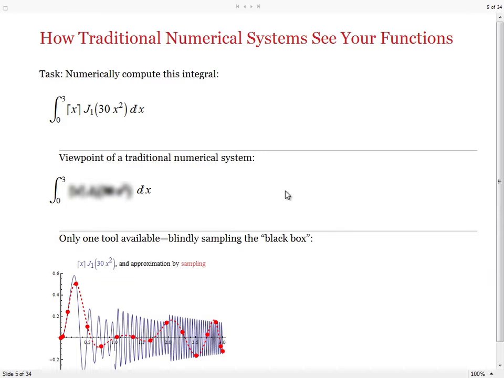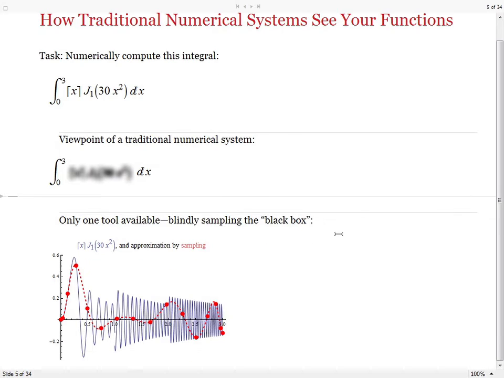But that algorithm knows only the name of your function, and it has no idea what code is inside. From the point of view of the traditional numerical system, the function is basically a mysterious black box, and the only thing it can do with the black box is pass in values of x and get out the resulting function value, and try to build up a picture of the numerical problem in this way.